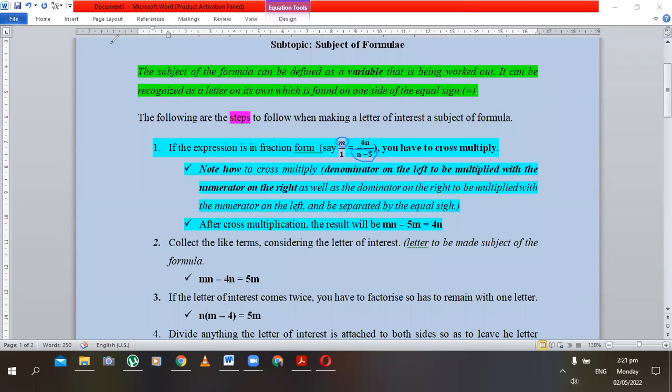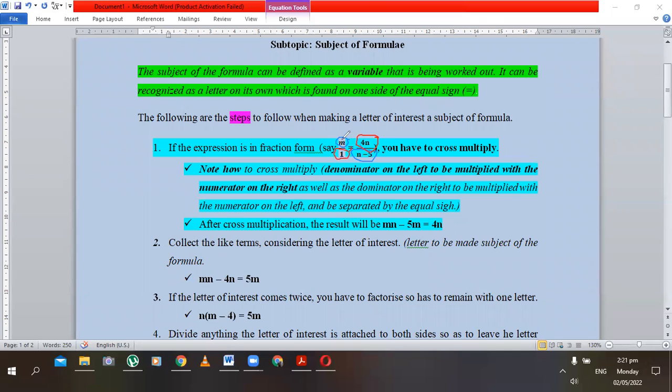I'm just taking you through. I know these things, you know them, but it's important to emphasize. And then the numerator on the right is multiplied with the denominator on the left. That is what it means to cross multiply. So once you do that, let's see how the answer will be.